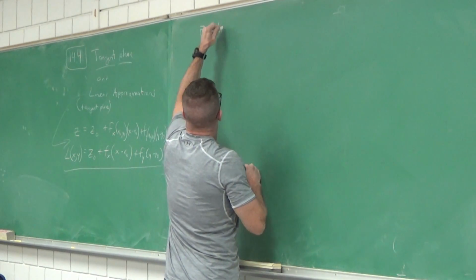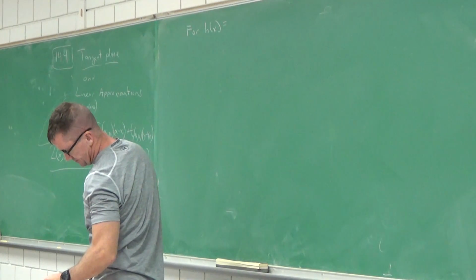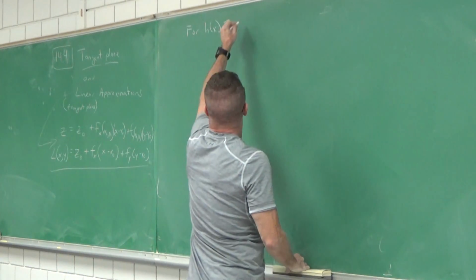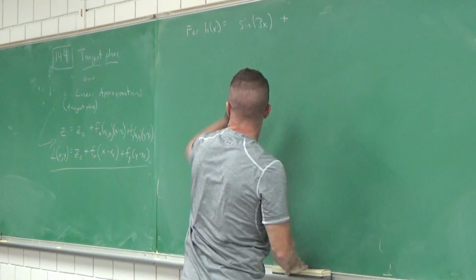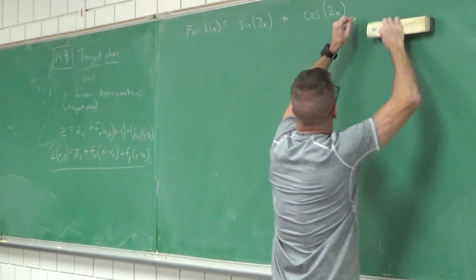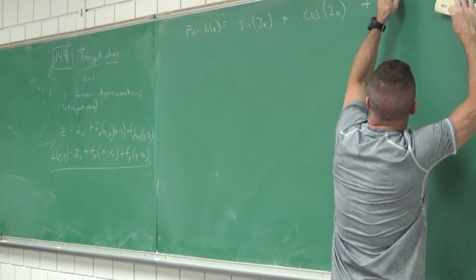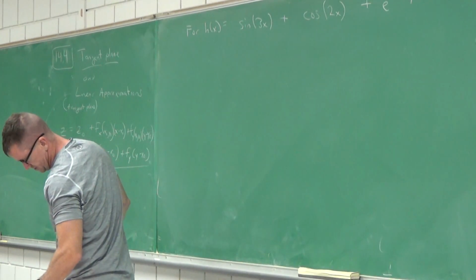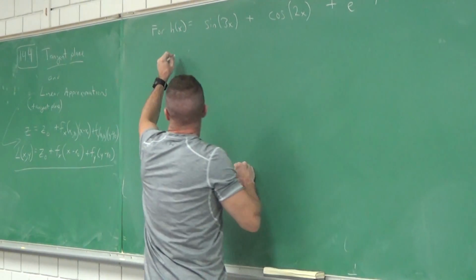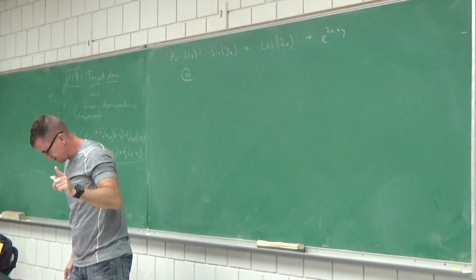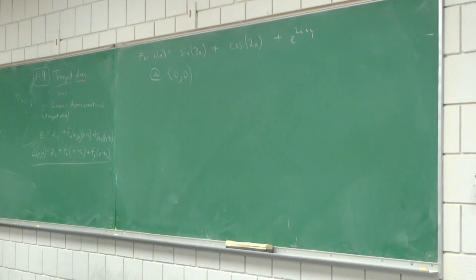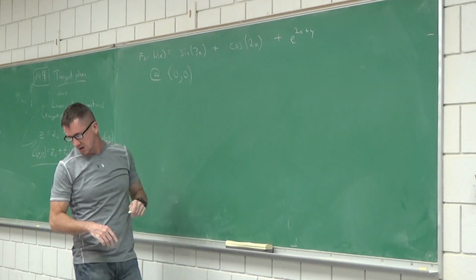All right, try this one. For h of x, y equal to, how about sine of 3x plus cosine of 2x plus e to the 2x plus y, at the point, so this is interesting, they only gave you the x and y.